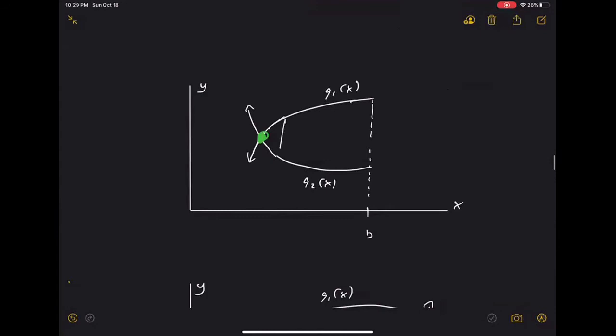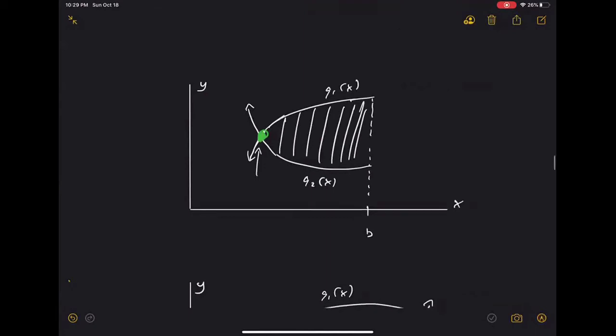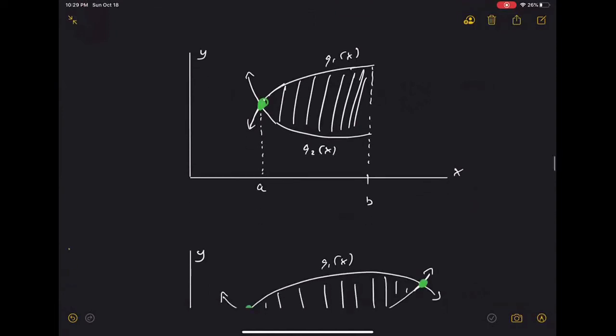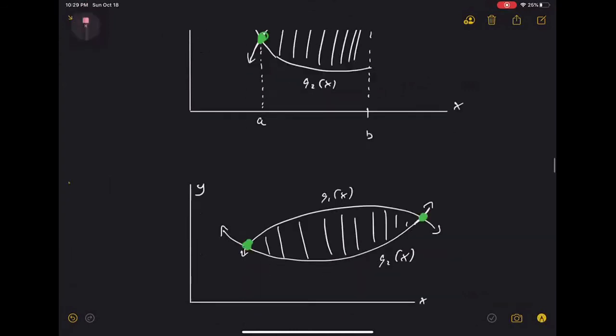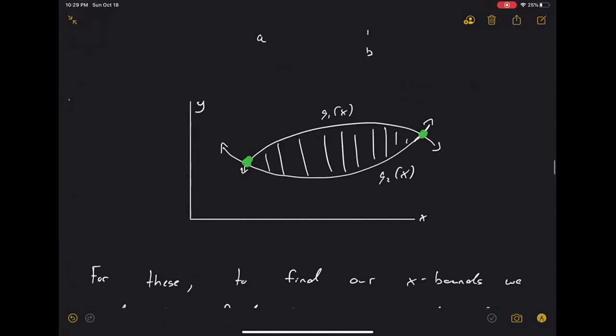If you look a little closer, you see g1 and g2 cross here and cinch off. So this would give me another horizontal bound, but maybe you have to solve for that value a. And then maybe b is given to you, or maybe we need to solve for both our horizontal bounds.